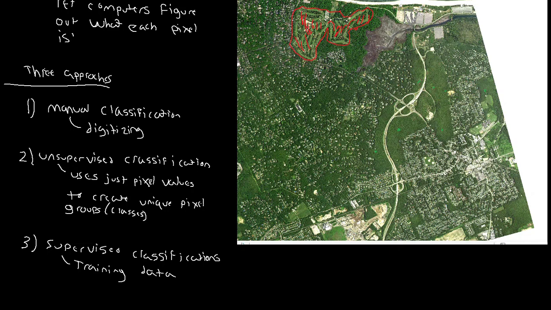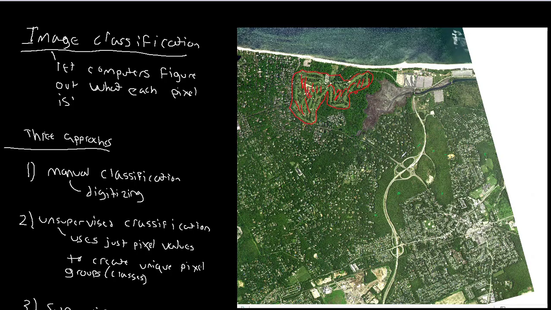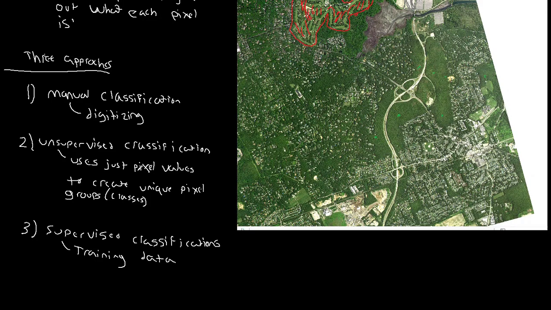And we might say, hey, algorithm, these pixels up here represent water. So not only are we giving the supervised classification the image, but we're also giving it training data, which are user-defined classes with sample pixels.